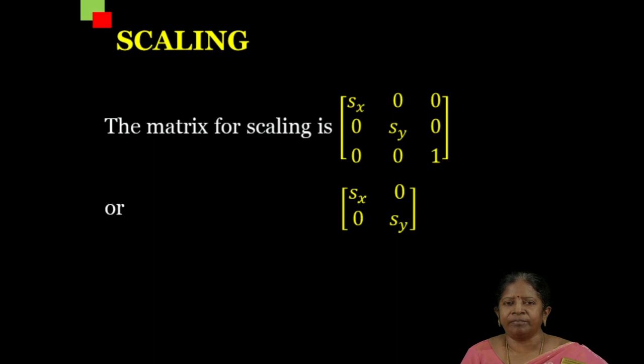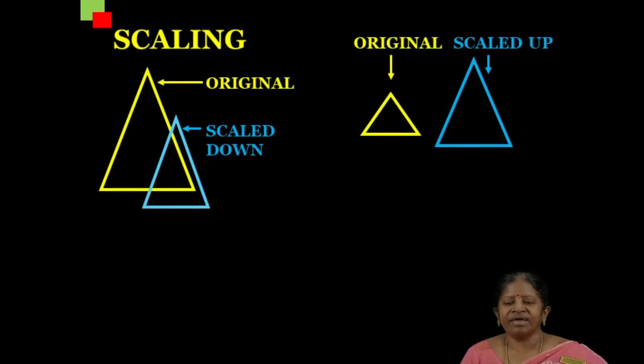The same thing, when you don't want to have a 3 by 3 representation, you can use a 2D representation or a 2 by 2 representation as Sx 0, 0 Sy. So this is again an illustration of the original object and the scaled up or scaled down object.